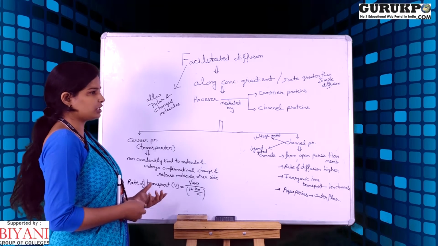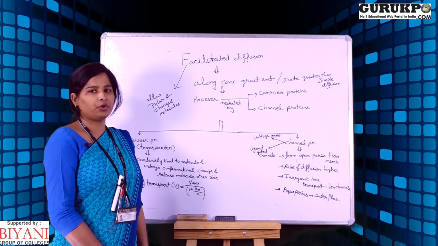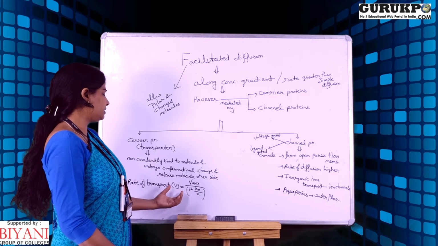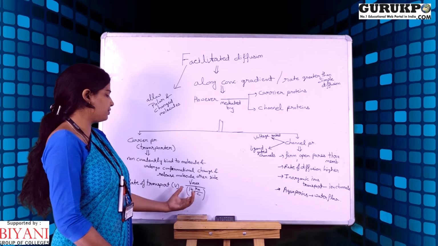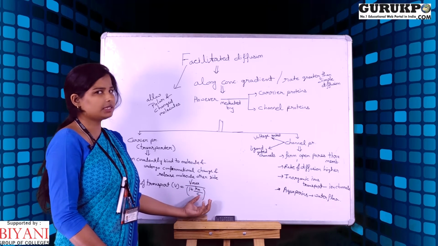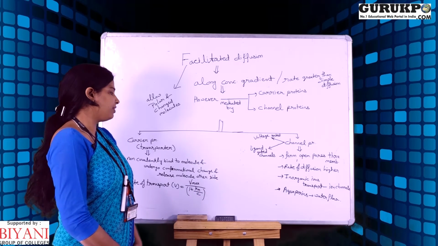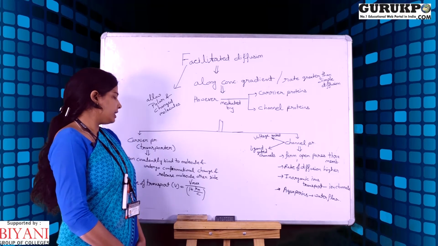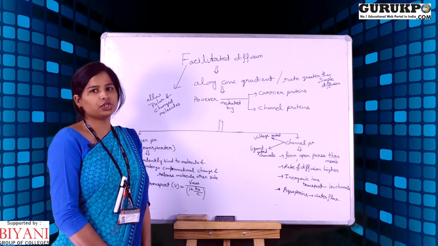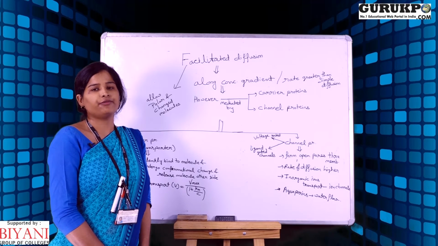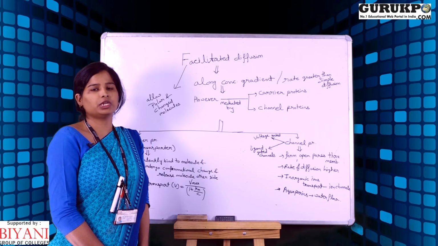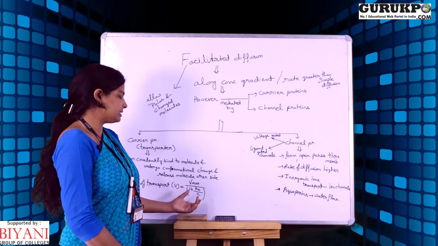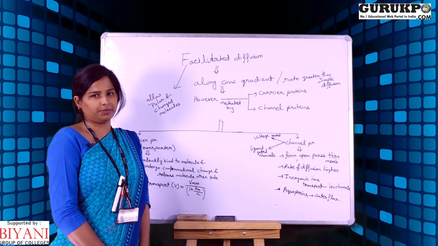The rate of transport in carrier protein mediated transportation can be given by the equation V equals Vmax upon 1 plus Km upon C. Vmax here is the maximal rate of the diffusion. Km is the concentration of substrate where the rate of diffusion is half of the maximal transportation rate, and C is the concentration of substrate.